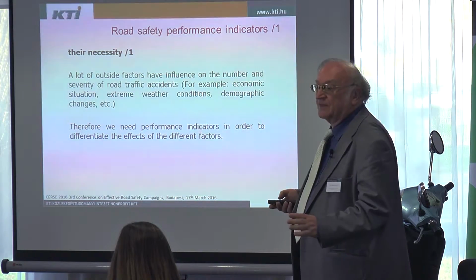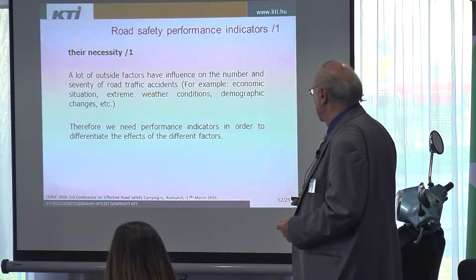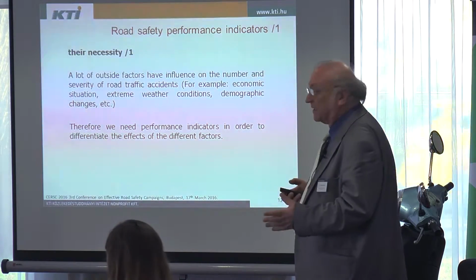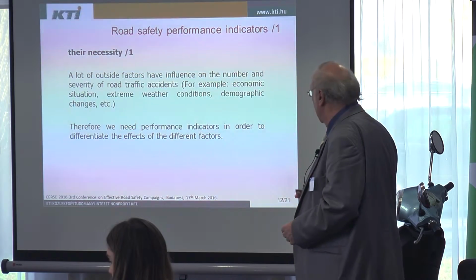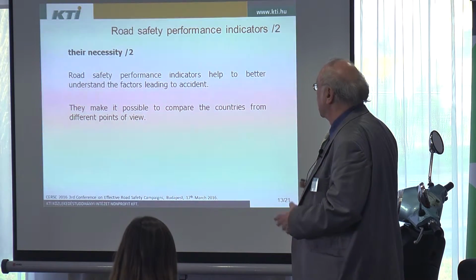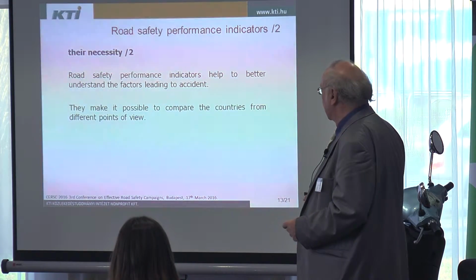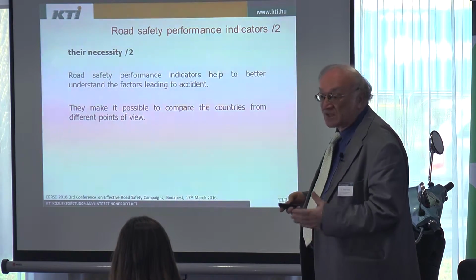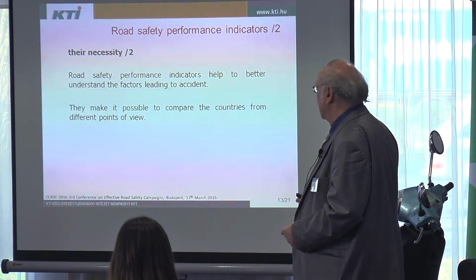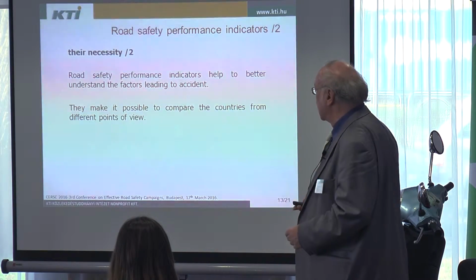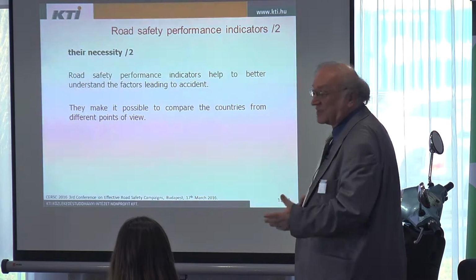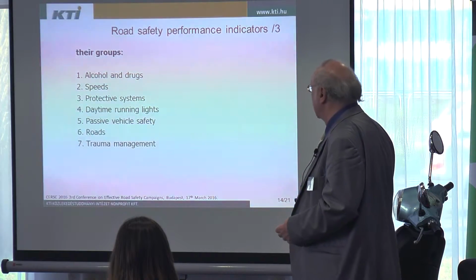And therefore, we need so-called road safety performance indicators in order to differentiate the effects of the different factors. These performance indicators help to better understand the factors, the causes leading to accidents, and they make it possible to compare the countries from different points of view, among others from a road safety point of view as well.